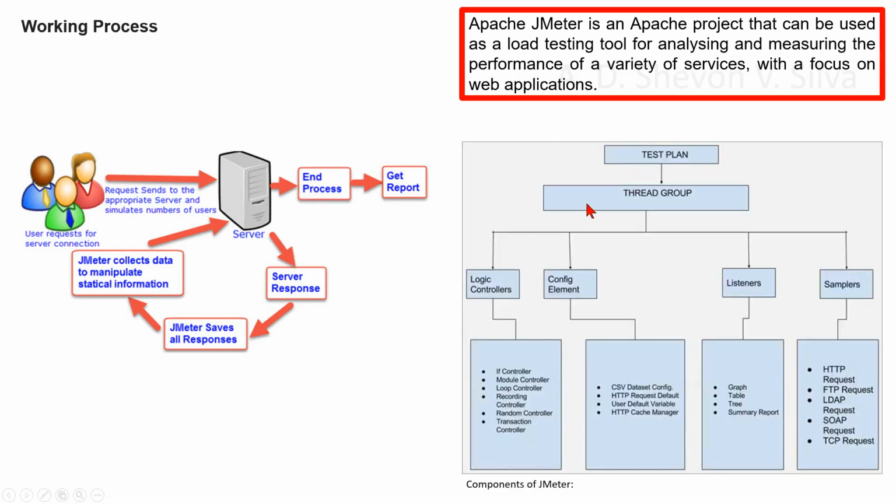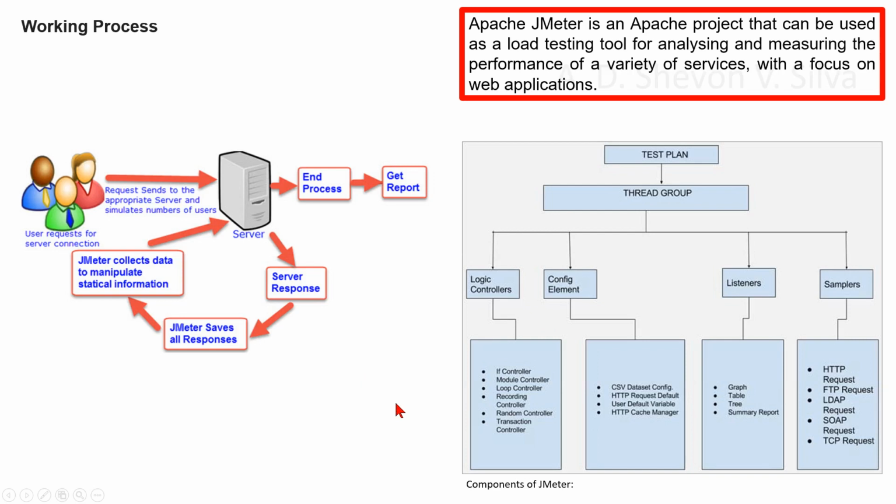Now you can see the components of JMeter. Penning down for your reference: the test plan, thread group, samplers, listeners, workbench, assertions, config element, logic controllers, and timer.